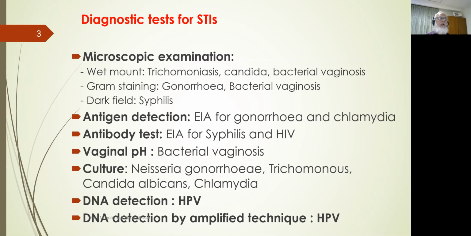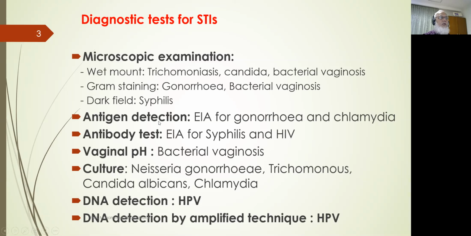Easily they can be diagnosed by wet mount, that is by normal saline preparation. Gram staining helps in diagnosis of gonorrhea and bacterial vaginosis, and a special type of microscopy, dark field microscopy, helps in diagnosis of syphilis.